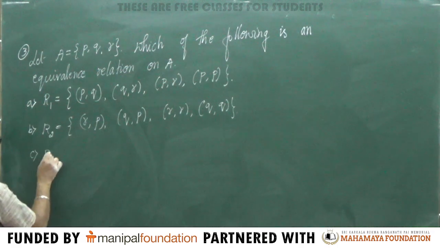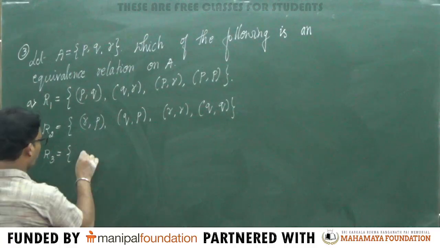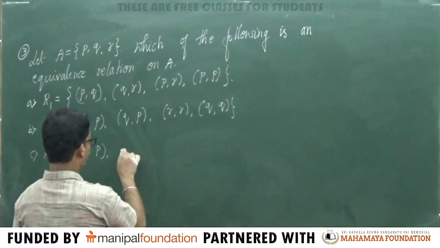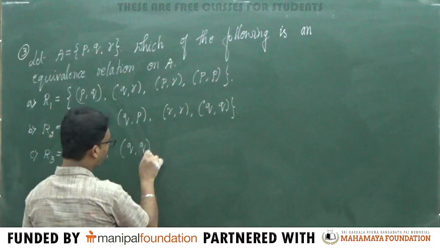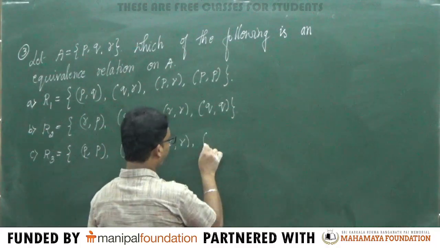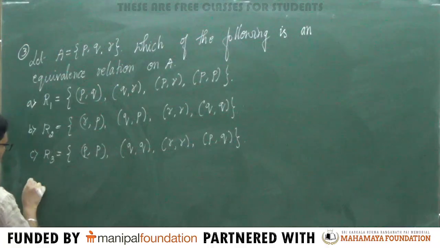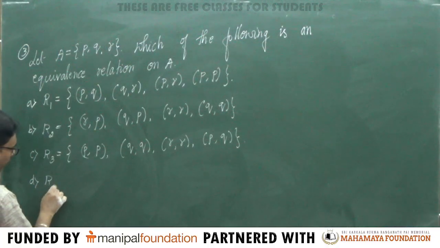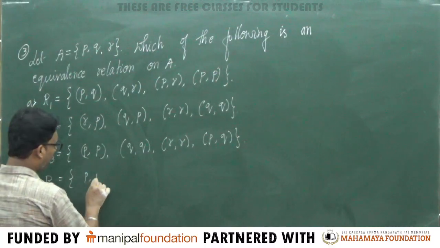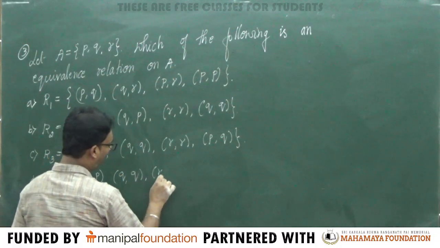Option C, R3 is equal to (P, P), (Q, Q), (R, R), (P, Q). And option D, R4 is equal to the relation (P, P), (Q, Q), (R, R).